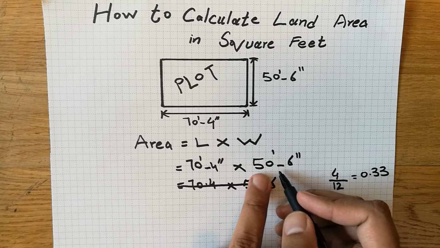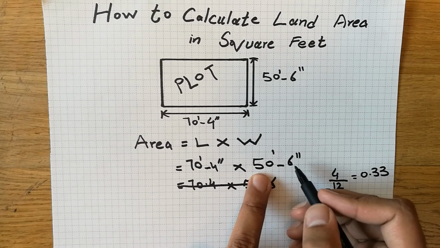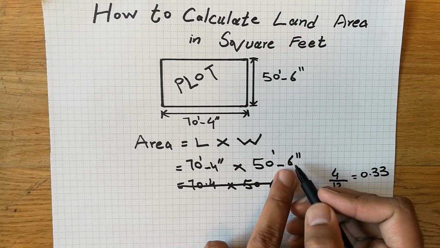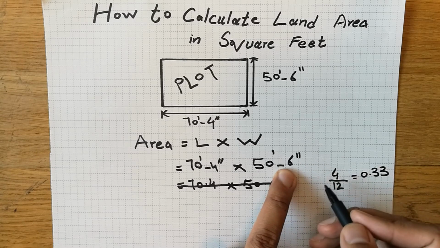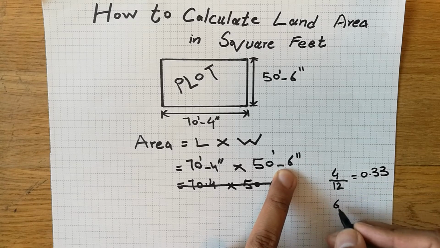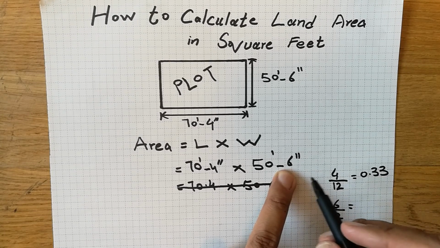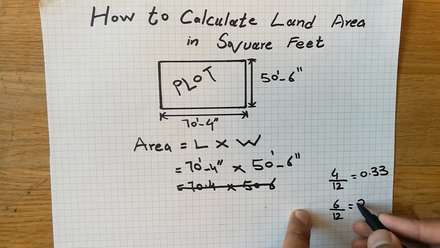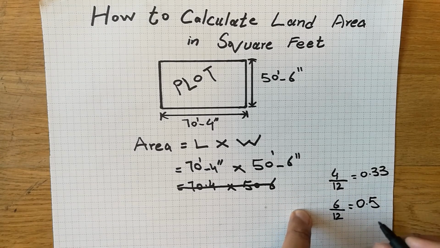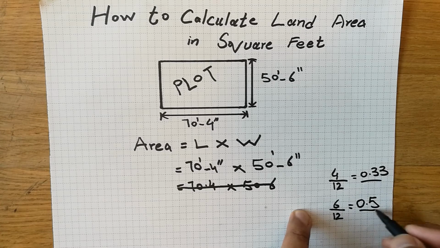To write it properly, first you have to convert this 6 inches into feet. So you repeat the same thing: you take this 6 and divide it by 12 to convert inches into feet, and the answer will be 0.5. Now they both are in feet.